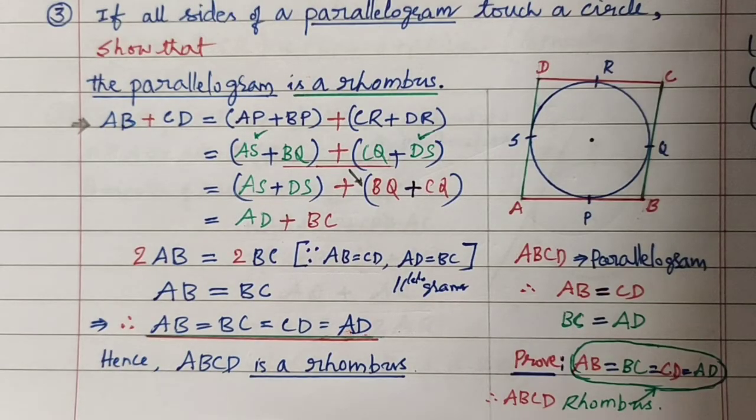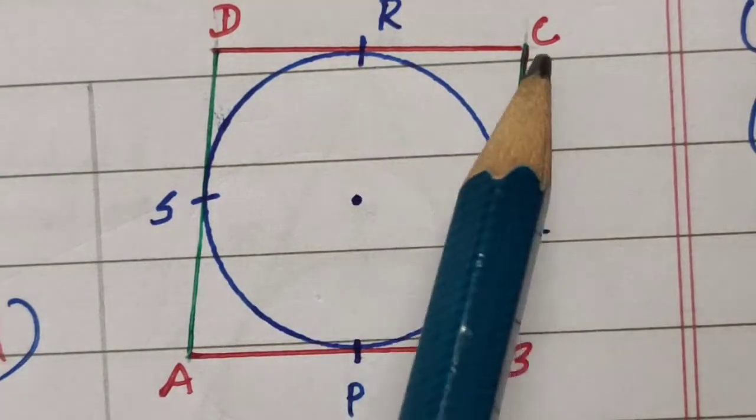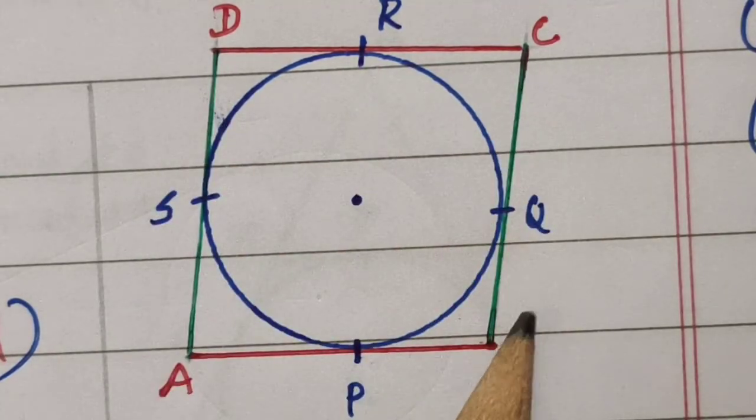If all sides of a parallelogram touch a circle, show that the parallelogram is a rhombus. Let ABCD be a parallelogram whose sides touch the circle at P, Q, R and S. Because ABCD is a parallelogram, the opposite sides are equal, that is, AB is equal to CD and BC is equal to AD.